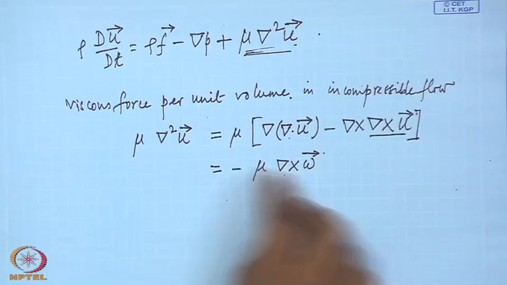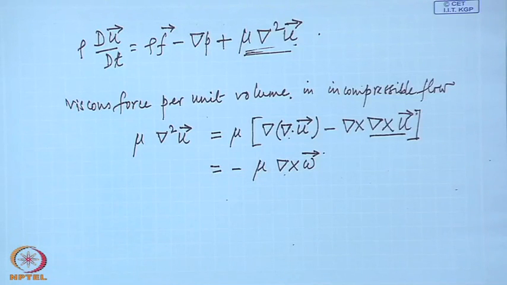Even not only irrotational, even if the vorticity is uniform, vorticity is uniform everywhere, then also this is 0. So, is it that whenever the flow is irrotational there are no shear stresses, because viscous force is 0?